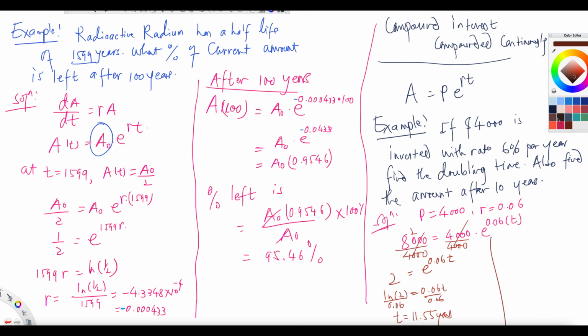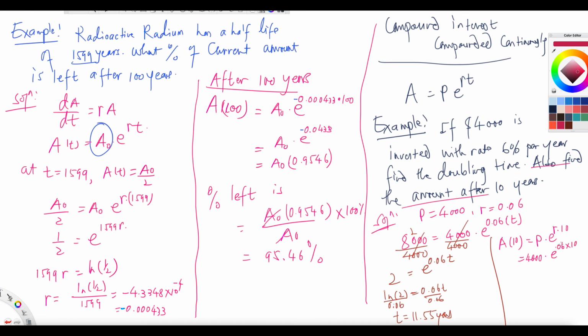The other question is to find the amount after 10 years. So what will be A at 10? That is P times e to the RT. P is 4000 times e to the R, which is 0.06, times 10.